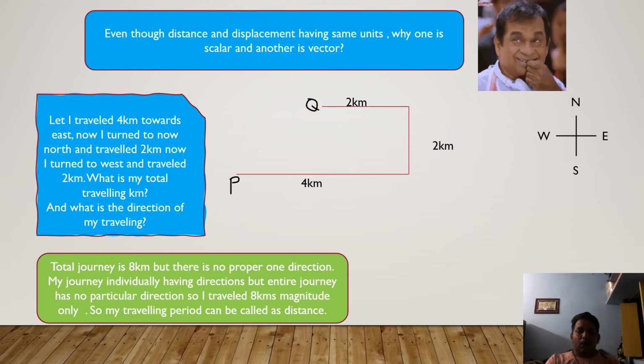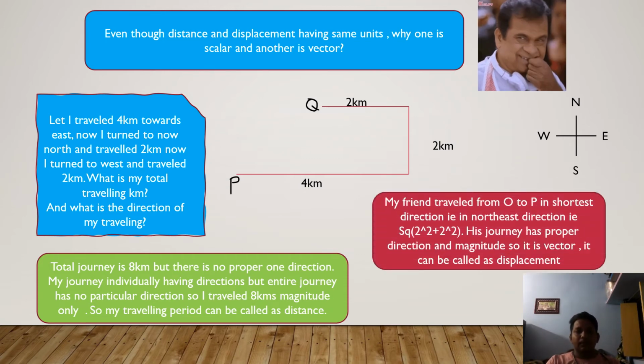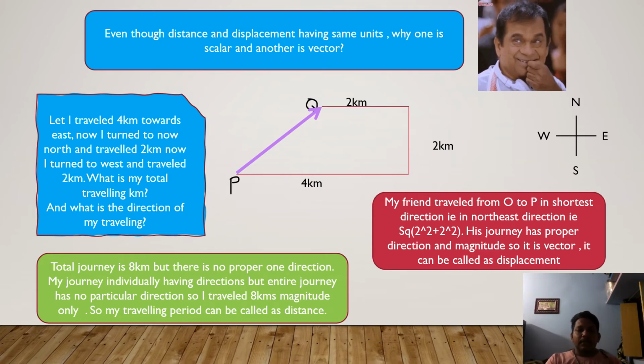So it can be called a scalar, that is, distance. My friend traveled from O to P in the shortest path, that is the northeast direction. The magnitude of P to O is root over 2 square plus 2 square, that is 2 into root 2.